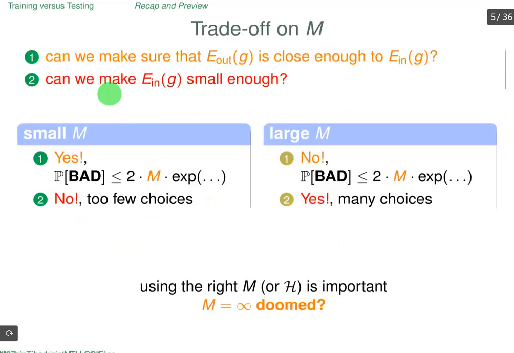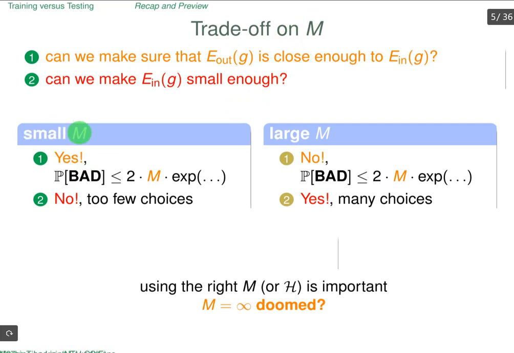To answer our two central questions, there are trade-offs on the number of hypotheses available in our hypothesis set. To question 1, can we make sure out-of-sample error is close enough to in-sample error, and similarly, can we make in-sample error small enough, we can have two answers. So there is a trade-off between a large and a small number of hypotheses.